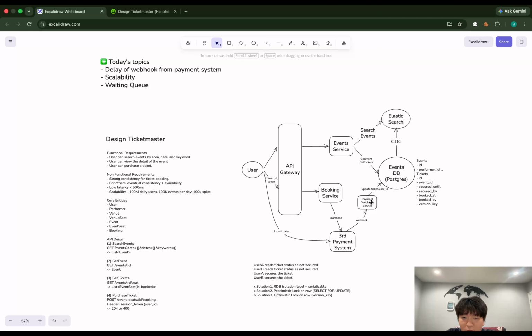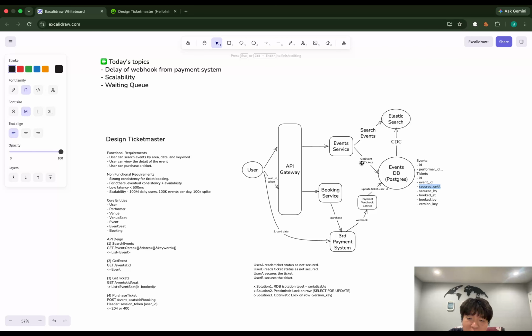So what I can do to avoid this is make the grace period, let's say 10 minutes, and then when we set the secure until, I set something like 10 minutes and 10 seconds. So that's something I can do. Let me think. No, it isn't helpful, because it just sets the grace time to 10 minutes 10 seconds.